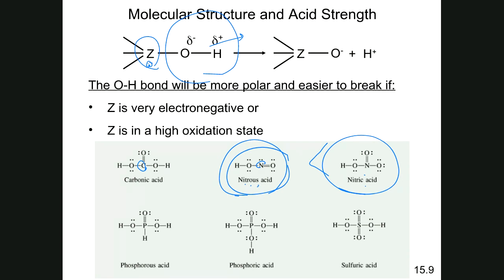Phosphoric acid is stronger than phosphorus acid because here you have 3 oxygens attached, and here you have 4 oxygens attached. So you can also compare them.